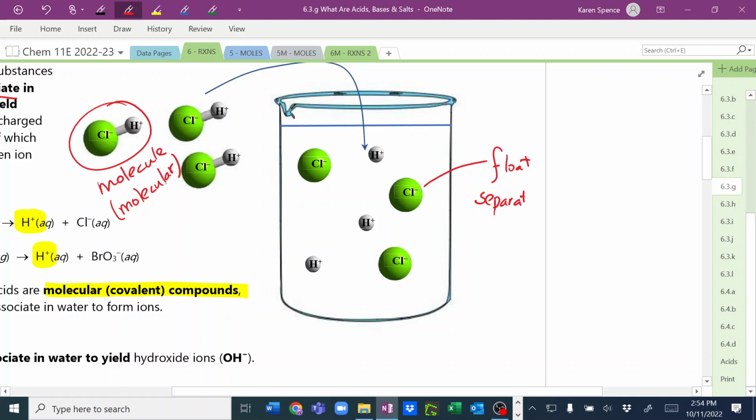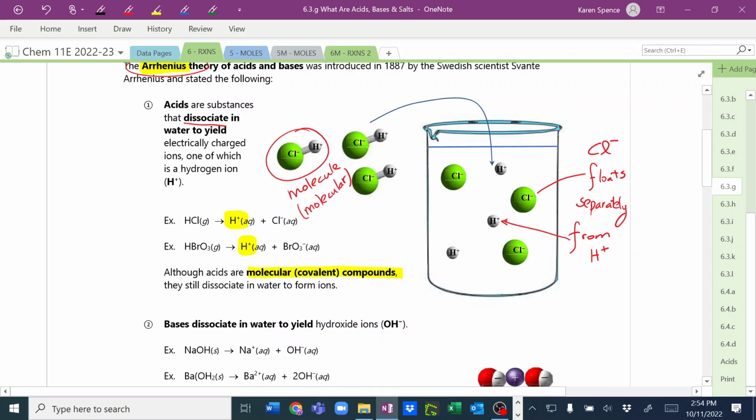It's a molecule, so therefore it is molecular. So the chlorides float separately from the H+. Everybody's floating around separately. Yes? Okay.